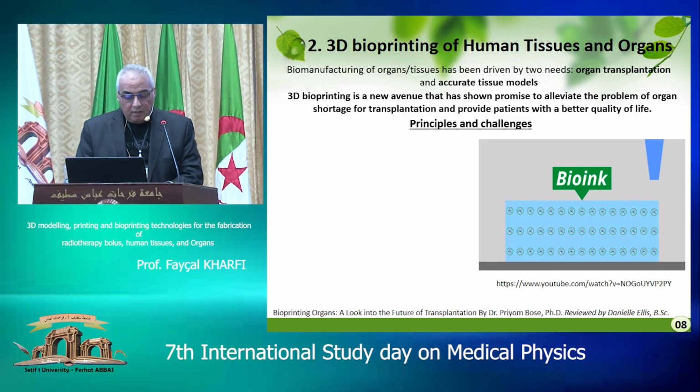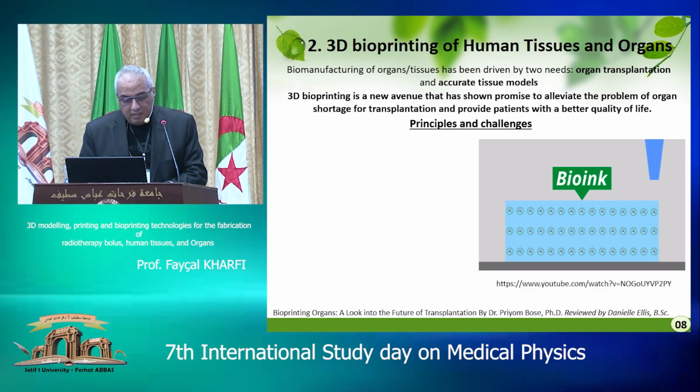Concerning the challenges, bioprinting is now facing many. I mention here some of them. The first one concerns gas and nutrition exchange. The second one is about the biocompatibility of the ink that we are using.